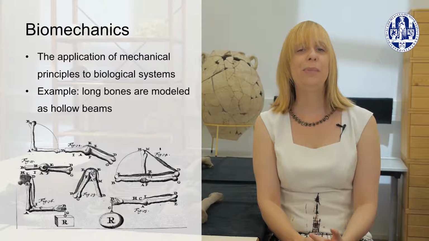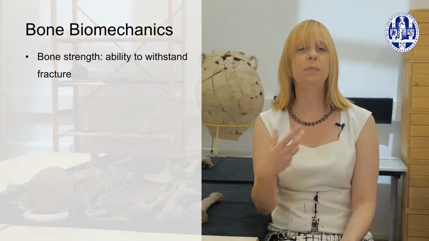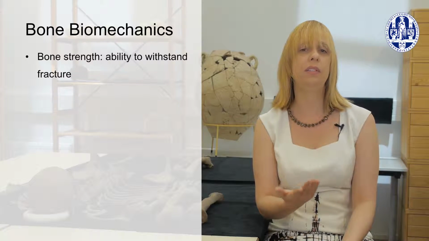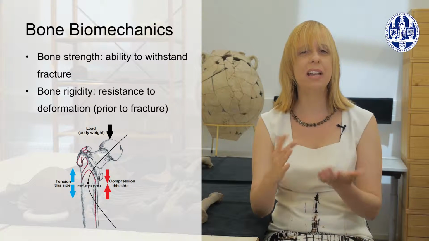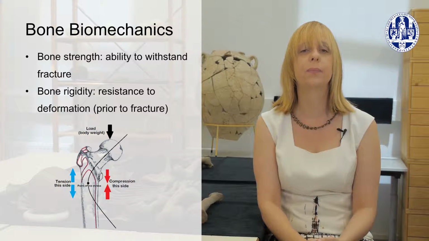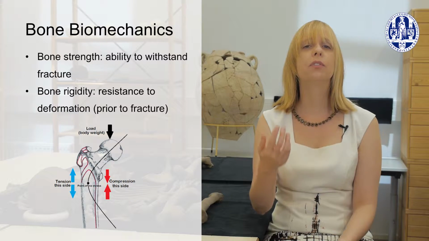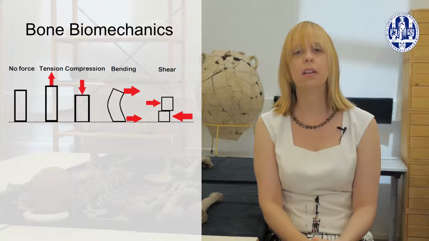In the engineering beam model, we can understand what is meant by strength as the beam's or the bone's ability to withstand fracture, and then the resistance of a beam to deformation prior to fracture is referred to as rigidity. Different kinds of loadings exist that can result in fracturing of a beam.